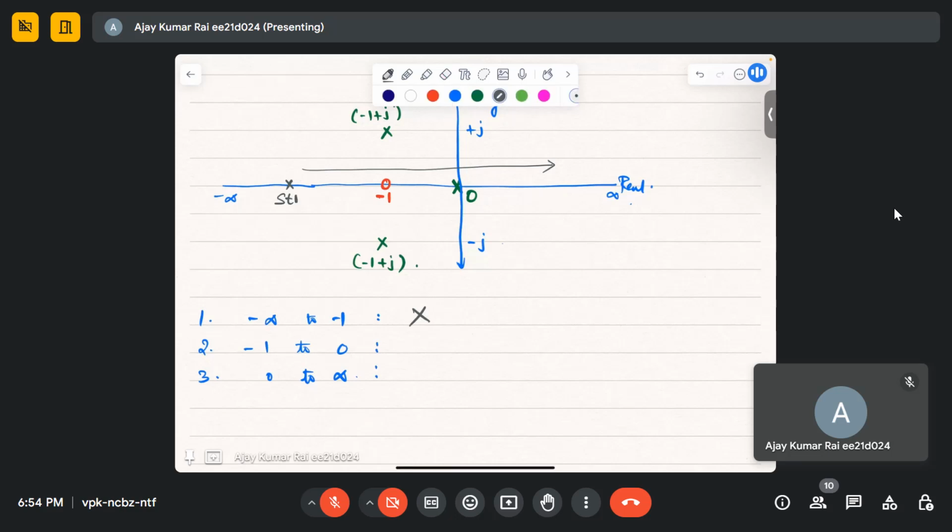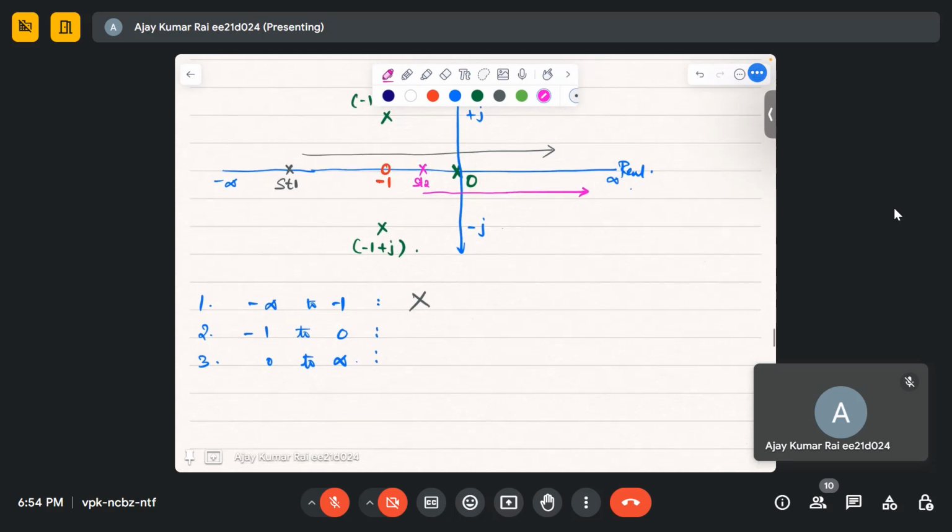If we take a test point in region 2, st2, and look to the right, how many open loop zeros and poles can you see? One. One is odd, so the root locus exists in this region, -1 to 0.